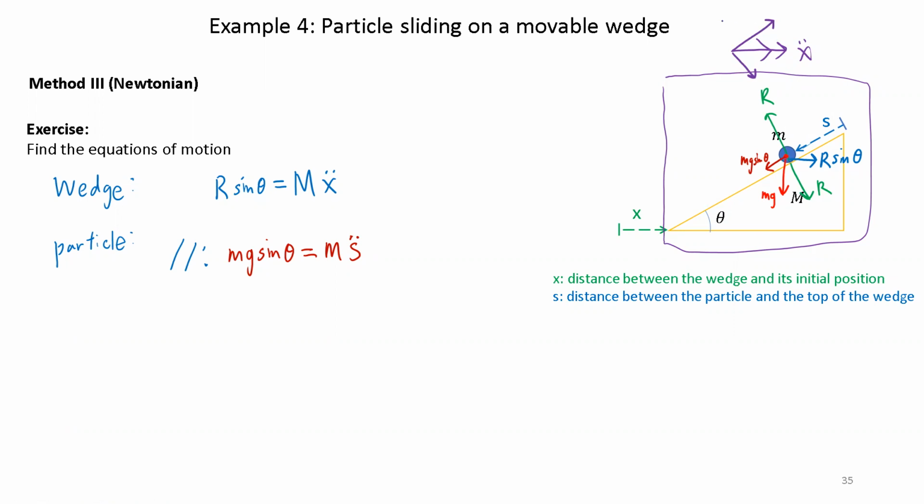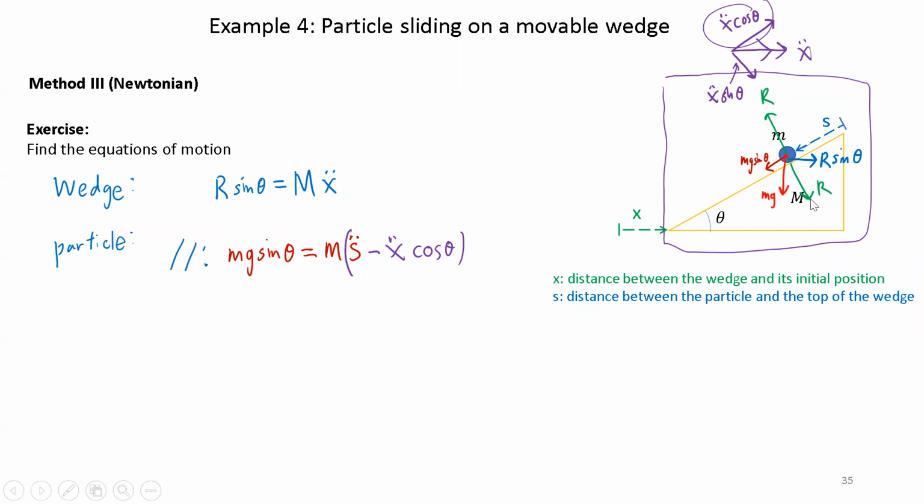So this is x double dot cosine theta, and the other one is x double dot sine theta. Therefore, the net acceleration of this particle is s double dot minus x double dot cosine theta. So that's the equation of motion along this direction.